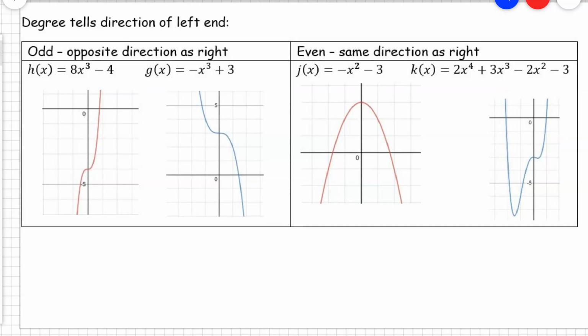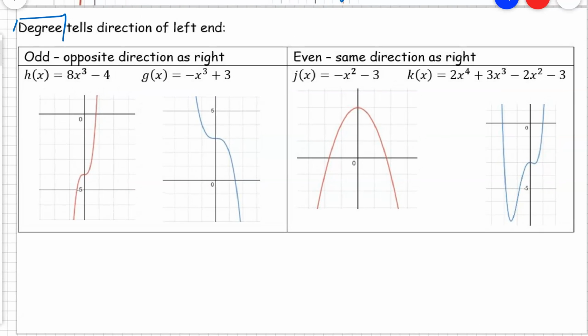Now, the degree depends on what's going on the left side, but we have to first start off with the right. If it's positive, our right side is going to be positive. But our left side, because of the 3, if it's odd, is going to be opposite. Whatever the right side is, the left is going to be opposite to that.